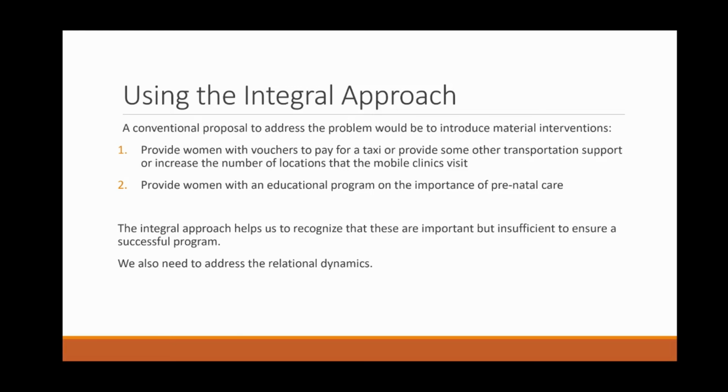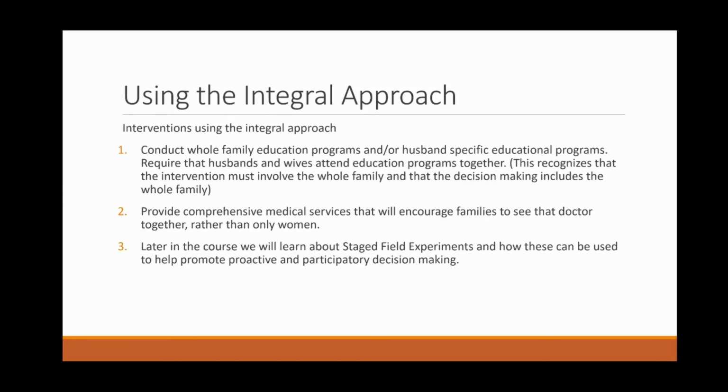So when we use the integral approach, it helps us to recognize that these material interventions are important but insufficient to ensure the success of the program. We need to address the relational dynamics. We need to address how the persons are relating. So when we use the integral approach, we can think of some different interventions that might help.